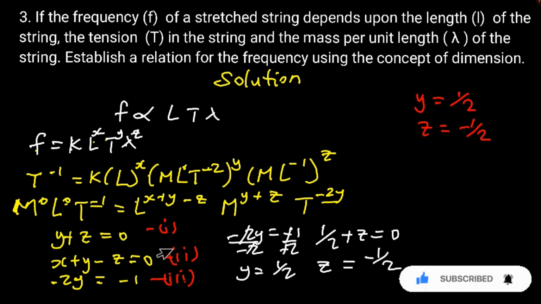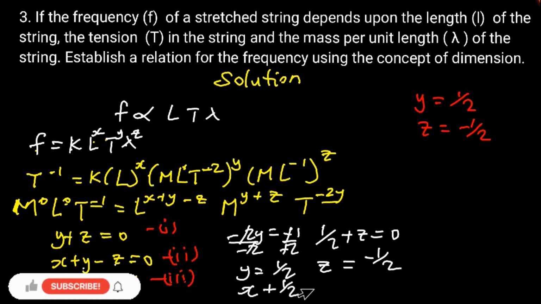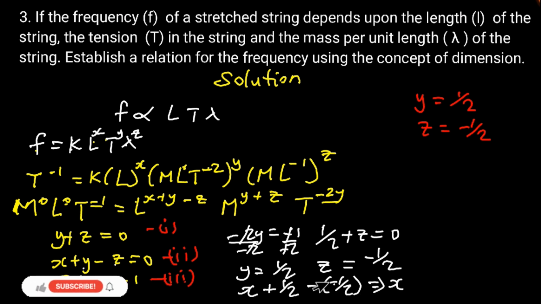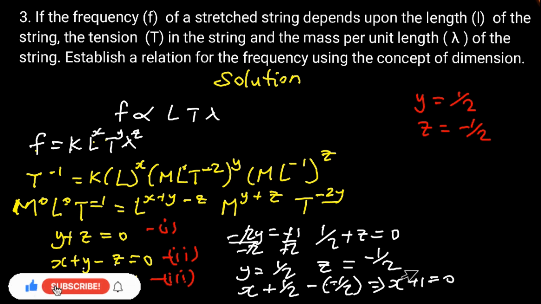Then we are going to substitute the values of y and z in equation II to find the value of x. So when we do that, we have x plus y, which is half, then minus z, which is minus minus half. So we have x, then half minus minus is plus, half plus half is 1, so we have x plus 1 equals 0, and then finally x is equal to minus 1.